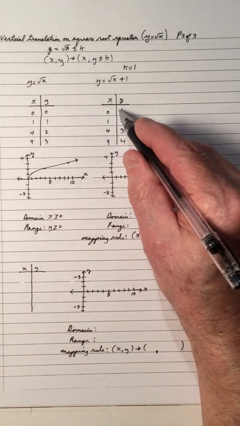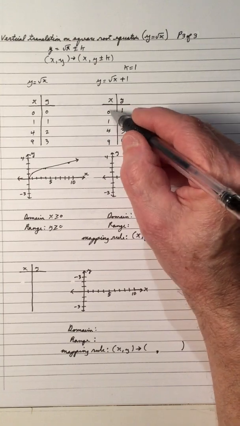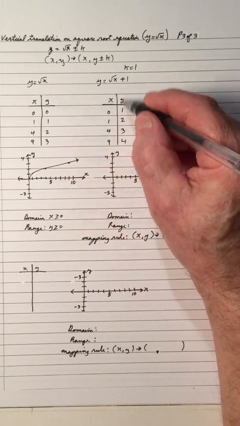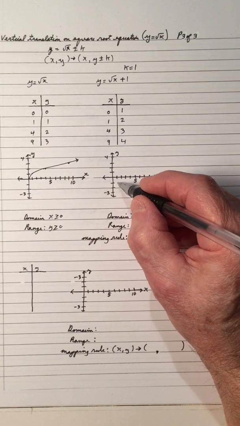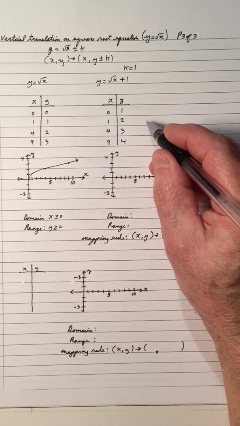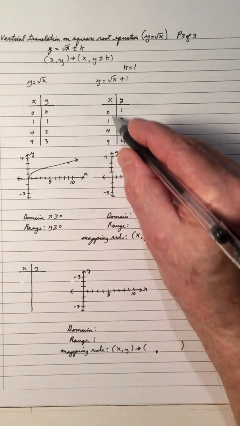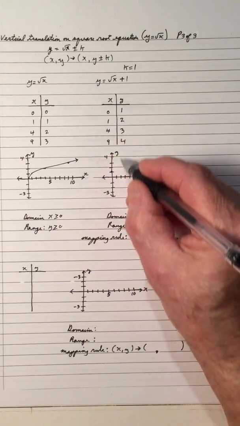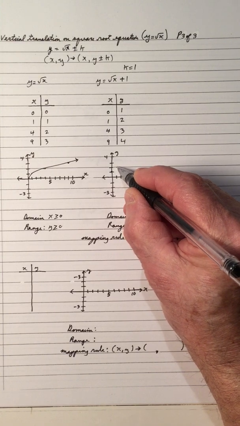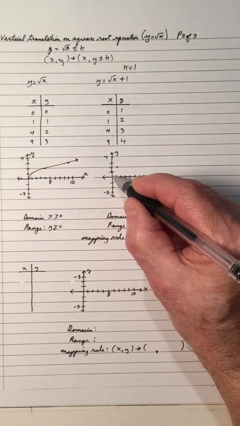So notice the y values, the x's are not changed. The y, you're adding 1 to the y value. That means this graph is moving up. So 0 gives you 1. 1 gives 2. 4 gives you a 3.